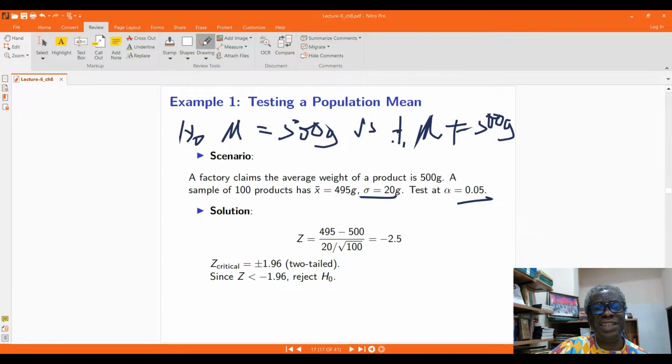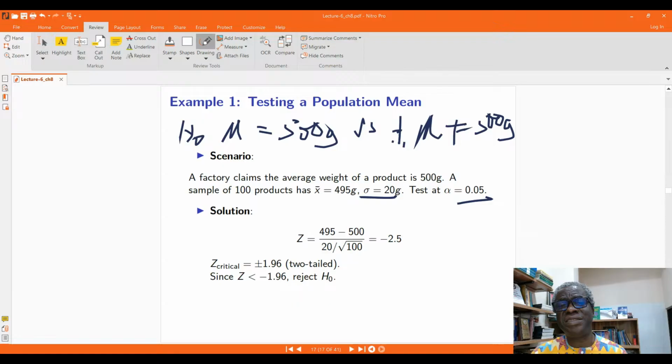Specify the hypothesis, specify the null, and also specify the alternative. That is now specified. And then 2, you have to choose the level of significance.